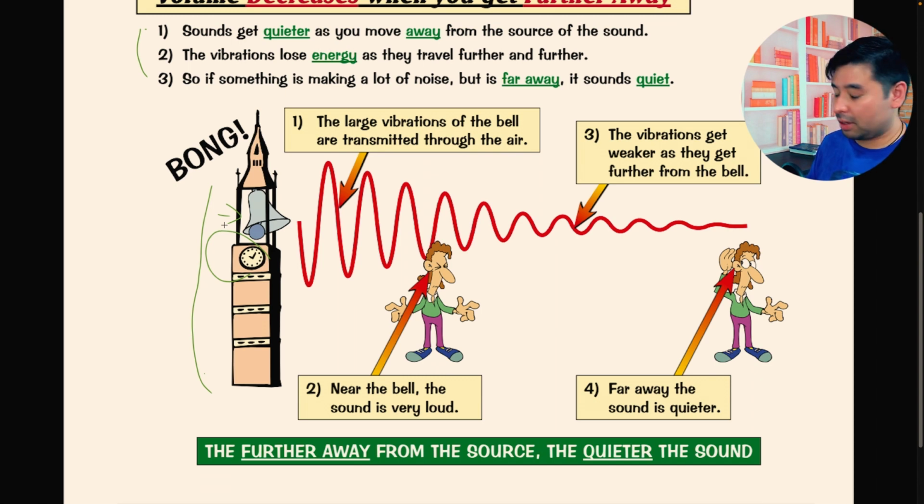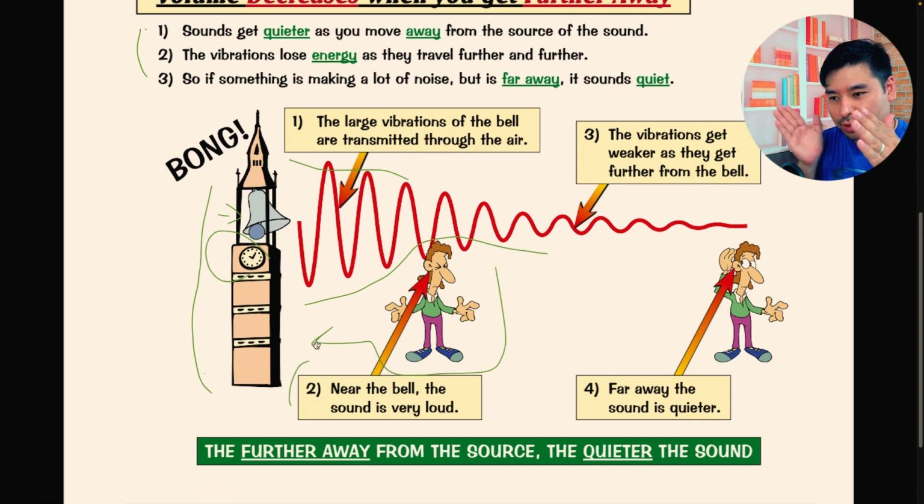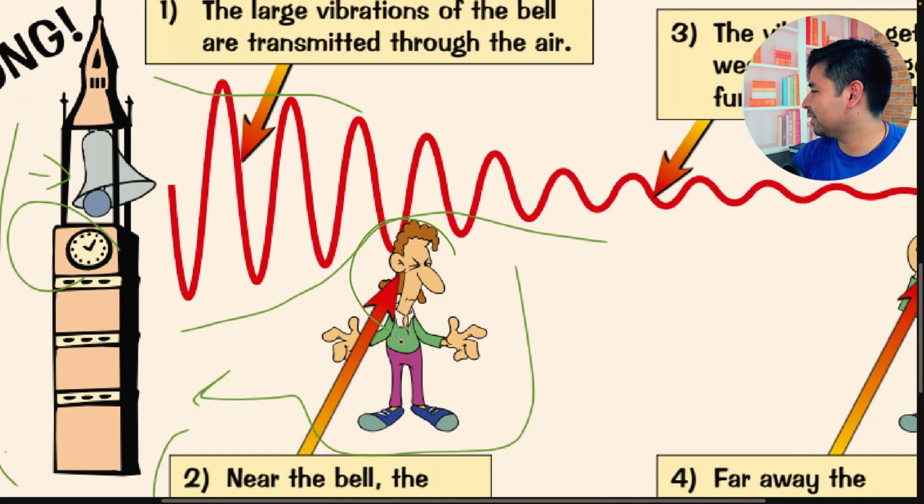And we can even see by the graphic here that in the beginning it's big. Number 2, near the bell the sound is very loud. So if a person is near the bell, if the distance from the bell is short, of course the sound is going to be very loud. The person will be like, oh my god, what is that, right? So that's why we have this face of the person here.